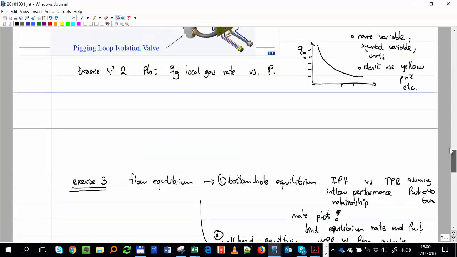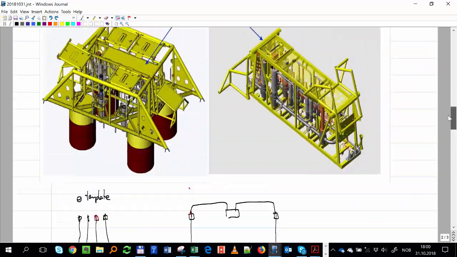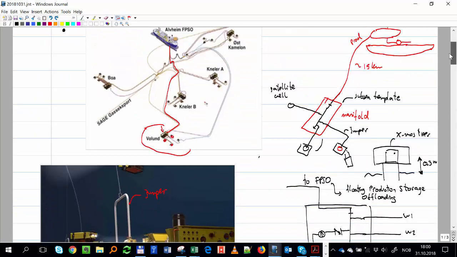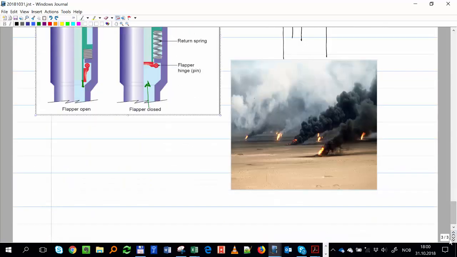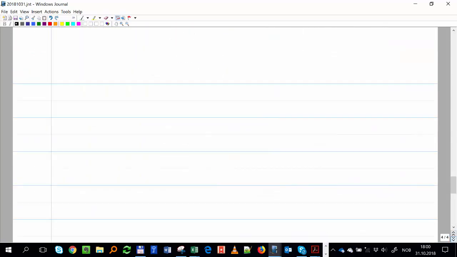Okay, so now finally we can start the topic for today. I just want to make a summary of downhole equilibrium.